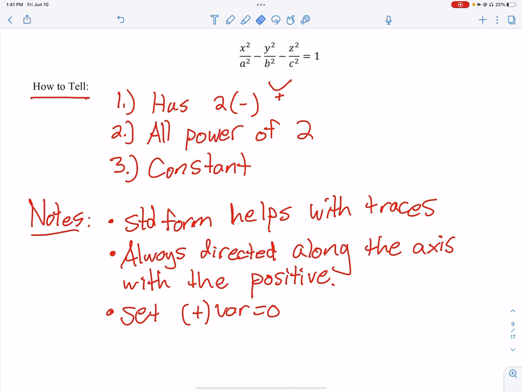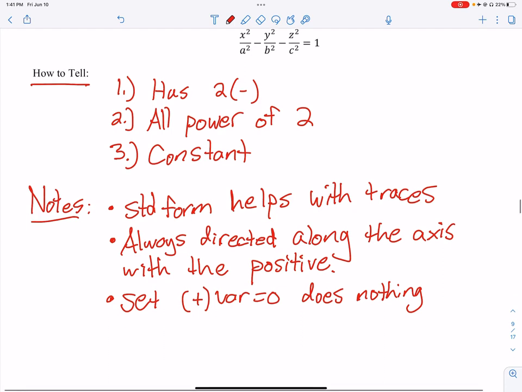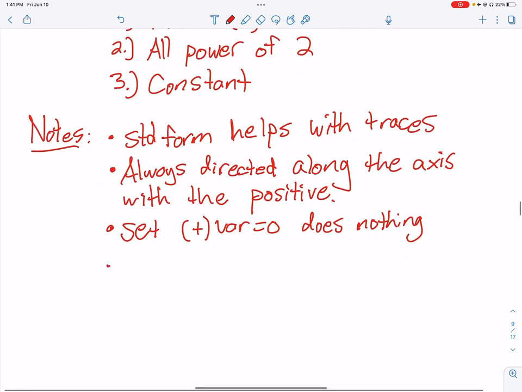So just like the last one, setting it equal to 0 did something. This one does nothing. I've caught myself in a lecture before where I tried to do that, and then I was confused on why it gave me nothing.